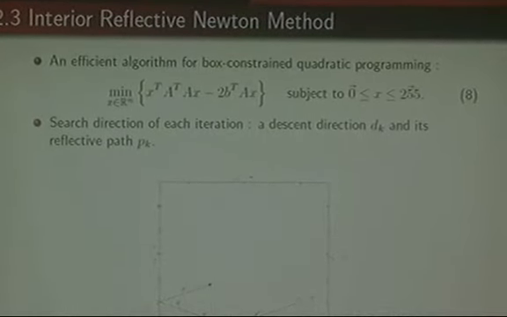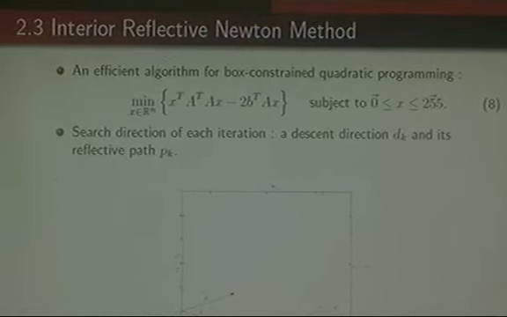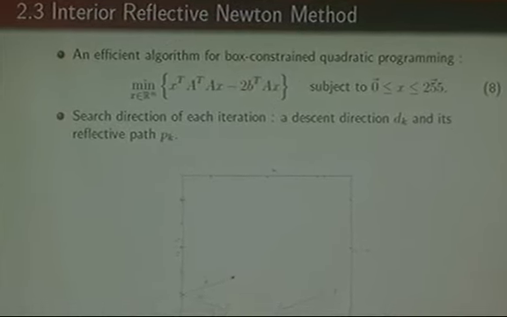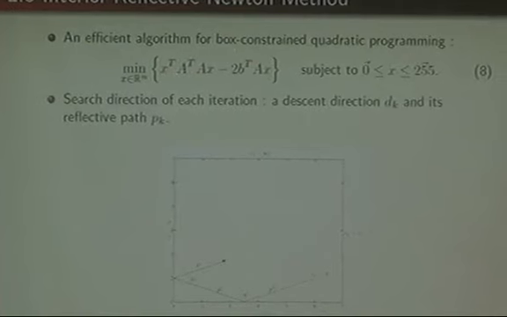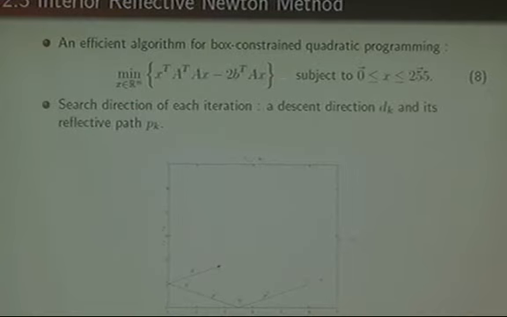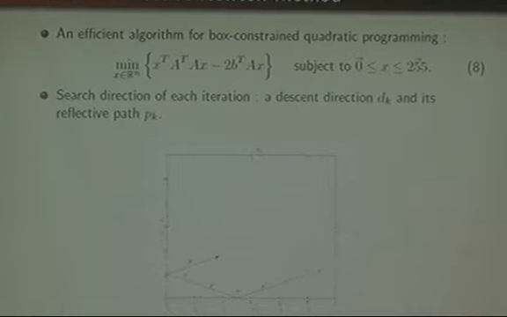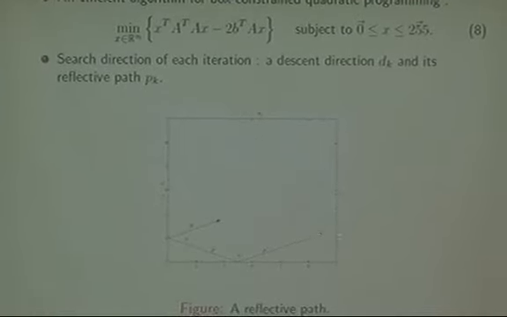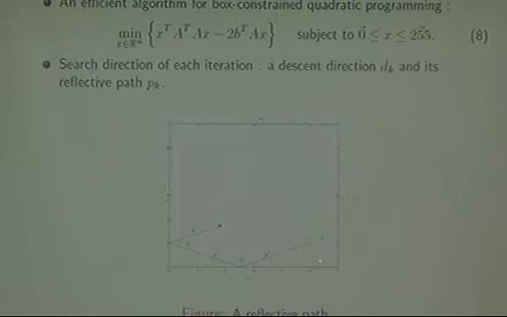The next thing is the interior reflective Newton method. So we just minimize this problem, which is the norm squared of Ax minus b, where we just drop the constant terms. We start at some initial point and follow the search directions. If the search direction touches the boundary, then we take the path which is the reflection of this path, and follow this again. When it touches, then we reflect.